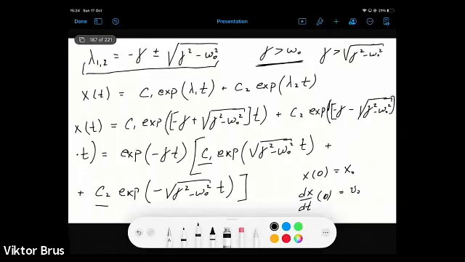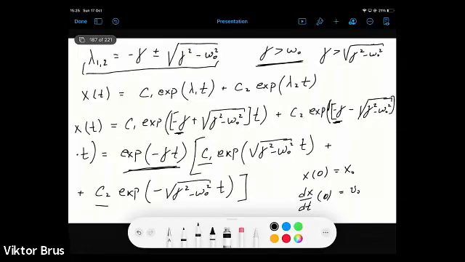Means that here we have minus gamma and here is minus gamma, which we just took out from the parentheses. And this minus gamma will be larger than the square root next to it. So even if we add to minus gamma this square root, it will still be negative. The total exponent of this exponential function will be negative in both cases.